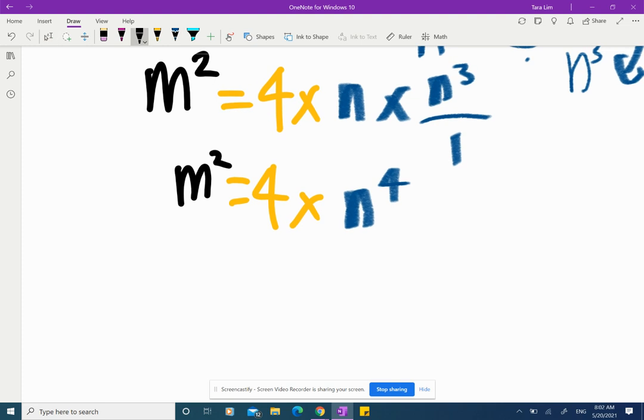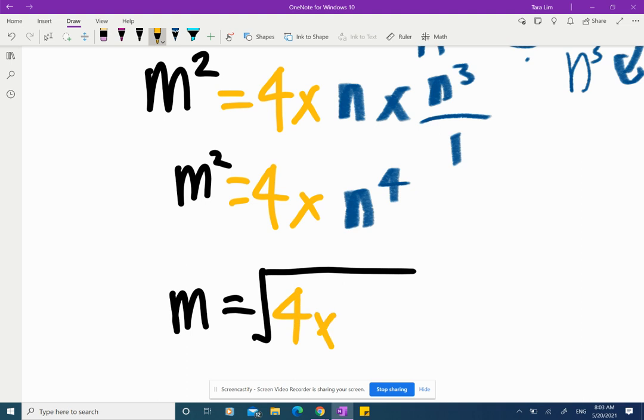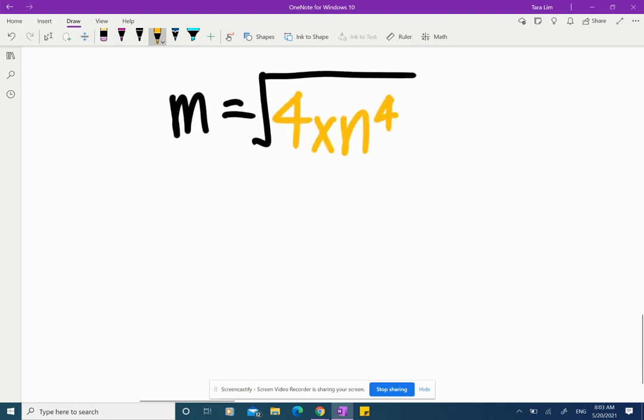Now, are we done yet? No, because we're only finding the value of m, not m squared. If we want to know what m is, we have a square here, so we must square root the whole thing on this side. First, let's focus on 4.